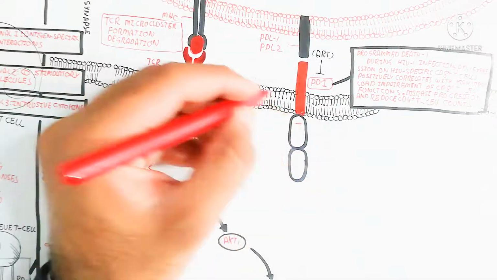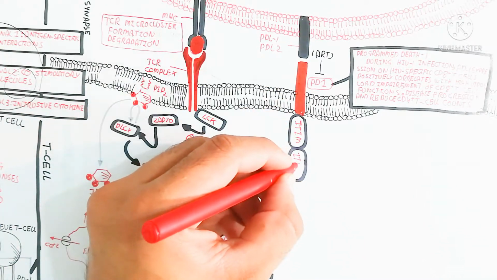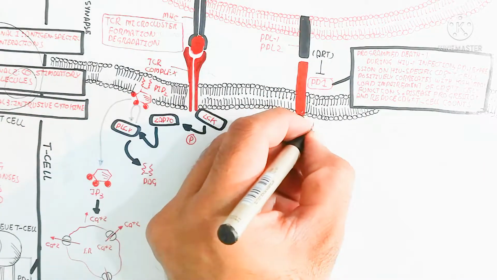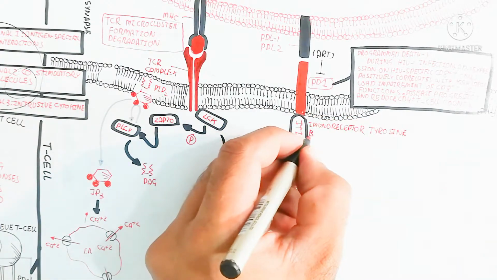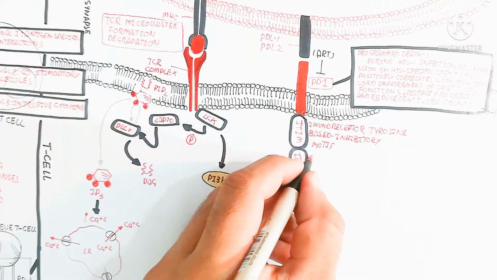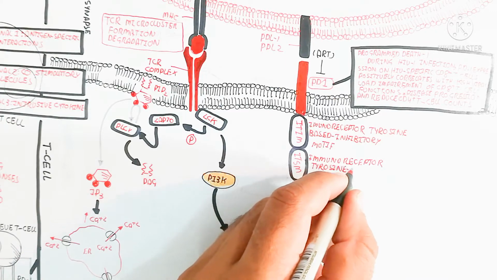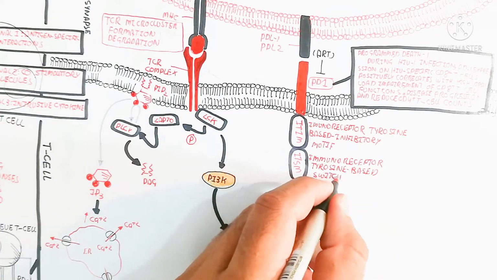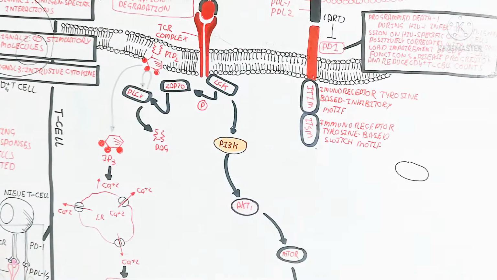You can see the immunoreceptor tyrosine based inhibitory motif binds and recruits the immunoreceptor tyrosine based switch motif. Basically, these two domains recruit the SHP2 protein, and this SHP2 protein will bind with the second domain of the intracellular inhibitory part of PD-1.